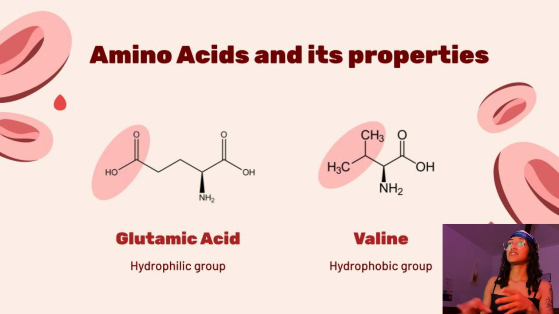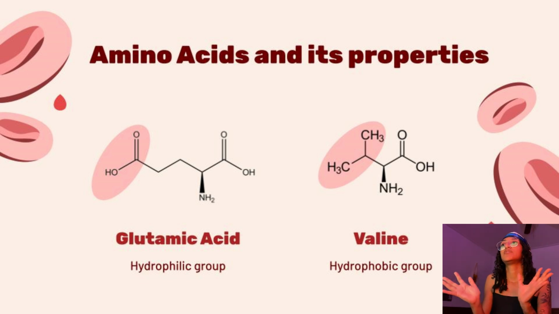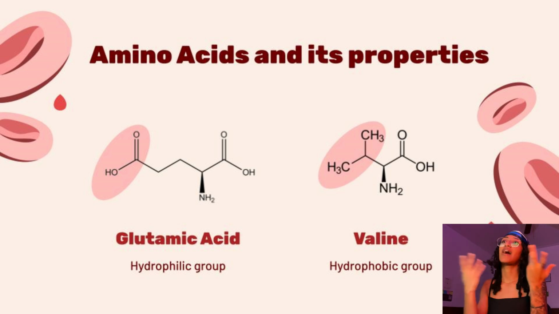Considering that now this part of the protein will tend to hide from the water molecules because it's hydrophobic, and it changes completely the conformational structure. What fascinates me the most about molecular biology is how much a single detail, in our eyes, just a comma, can change everything, right?